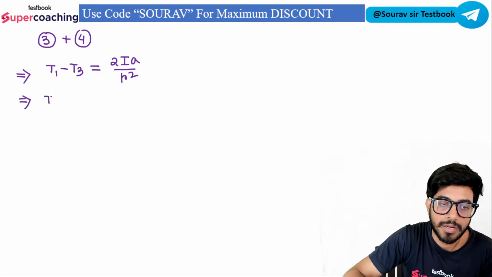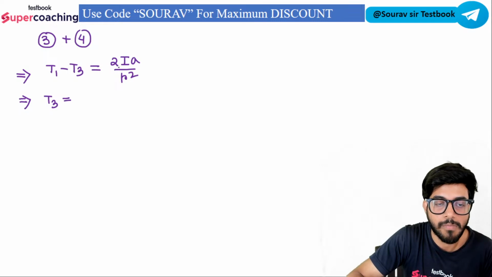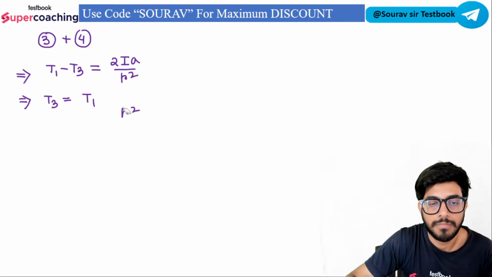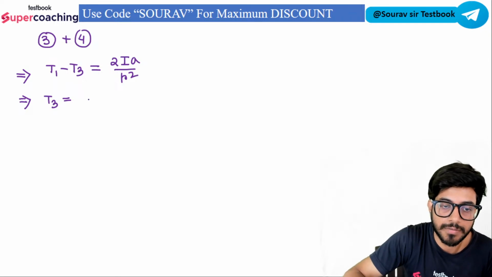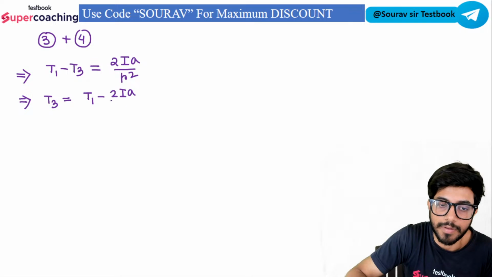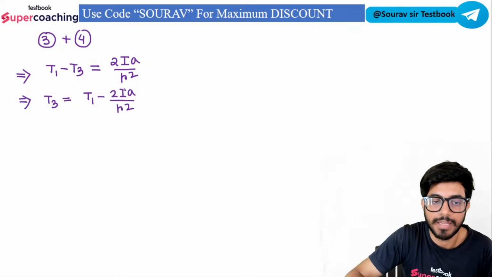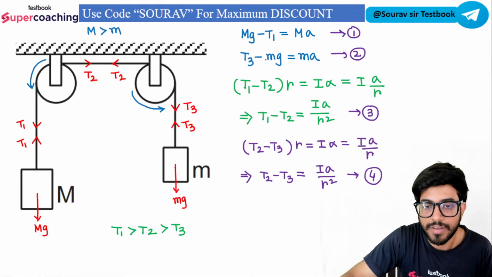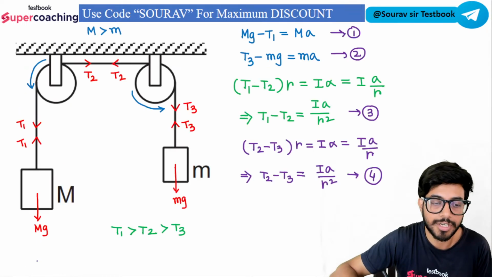So T3 is equal to T1 minus 2IA divided by r square. That's all. So if T3 is known, now put that T3 over here in equation 2.